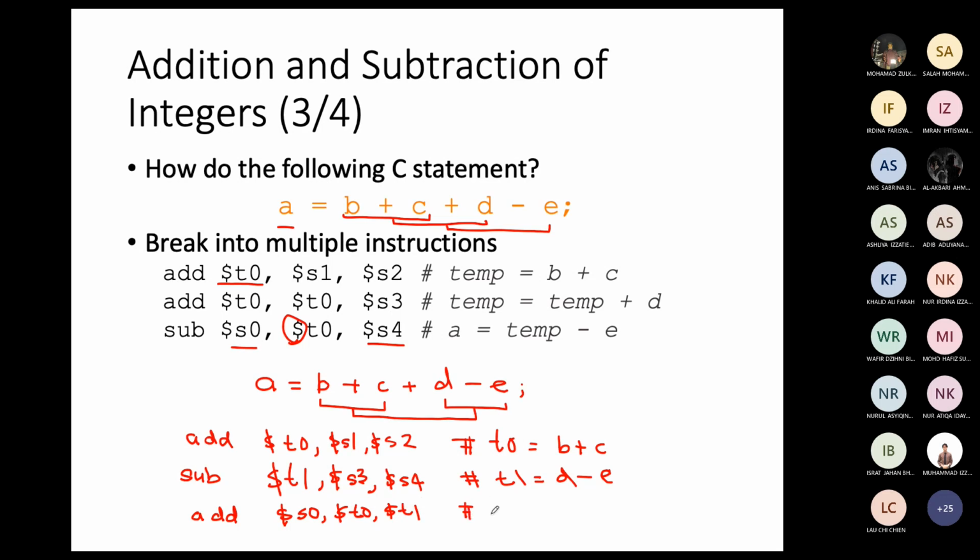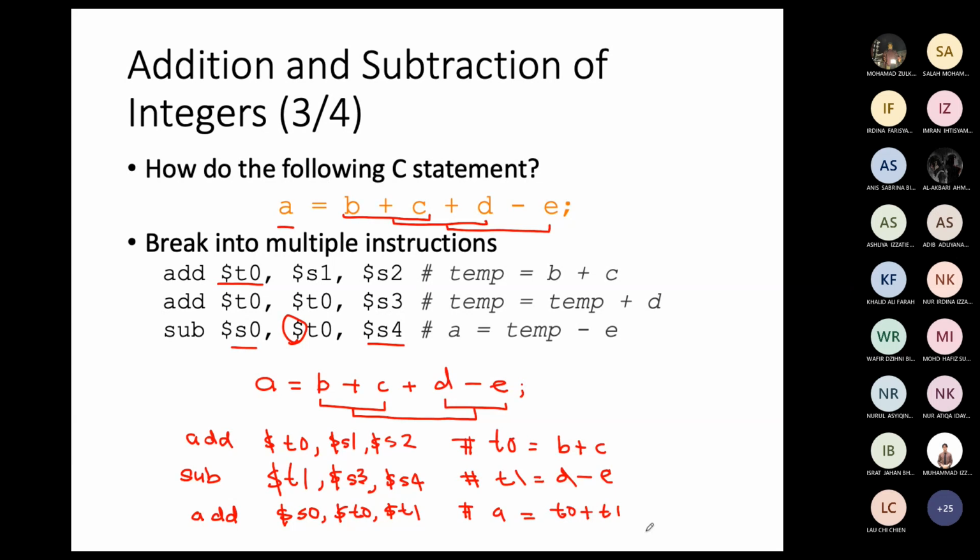Here in the comment, A is equal to T0 plus T1. So it can be done in two ways, and you can answer in these two ways.